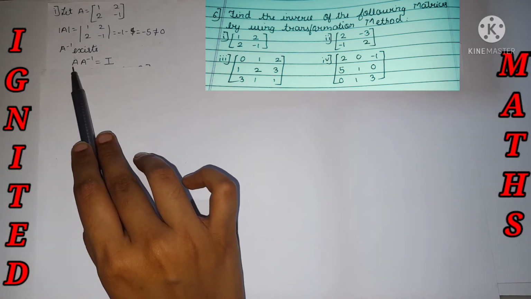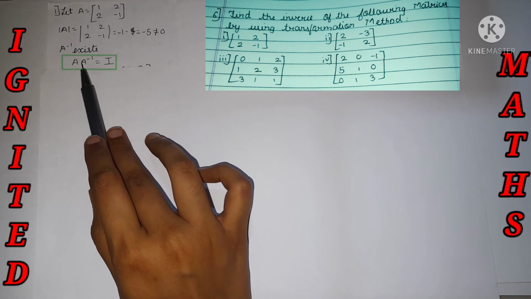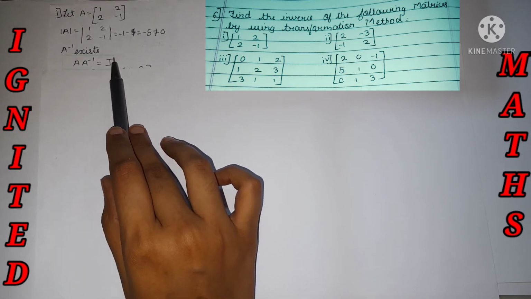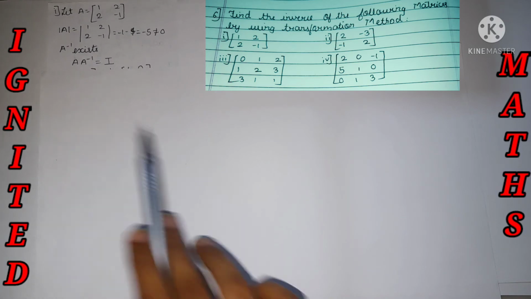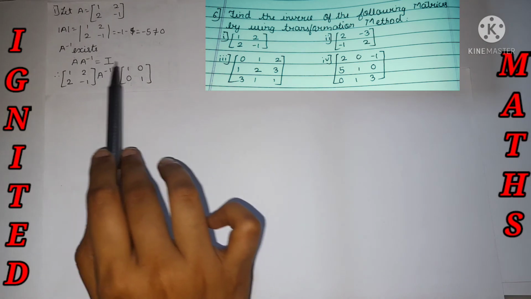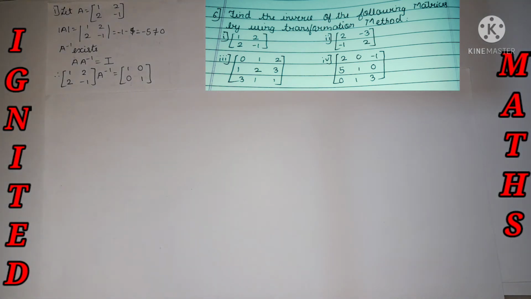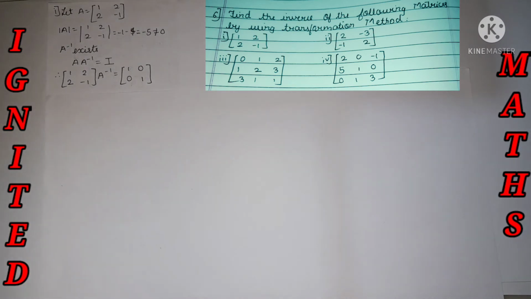Now secondly, we need to find the A inverse value. For that, A is equal to I A, where I is the identity matrix, and A is the matrix we have, and we need to find A inverse. Now the actual procedure is we need to do any transformation, row or column, add or subtract, it is up to us.